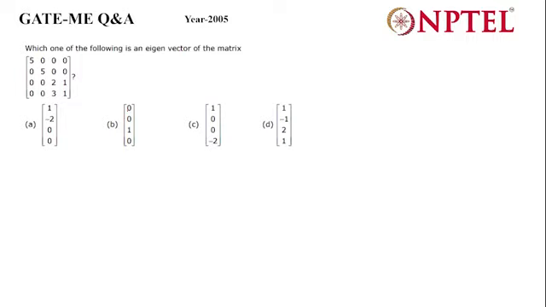Anyone else? A, ma'am. A. Okay. So the answer will be A. If any of you are having a problem solving this question, tell me. We will solve it here.